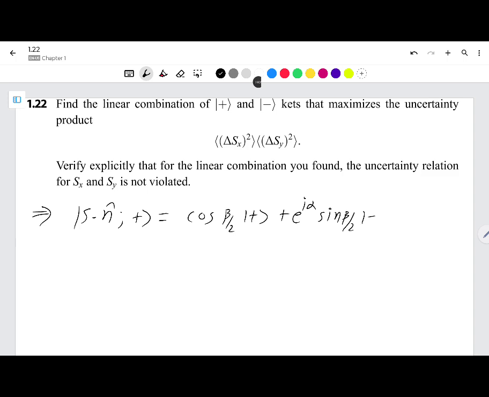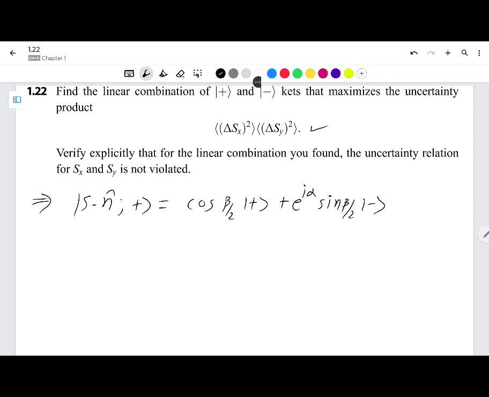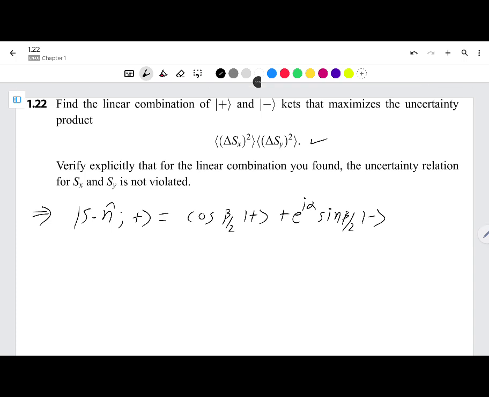So we need to maximize this uncertainty product. And what are the variables? We have the alpha and beta part. So we can start with the uncertainty in Sx. So this is the most general form for a spin half particle.